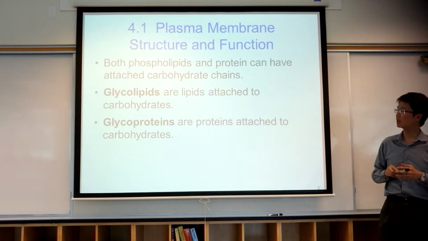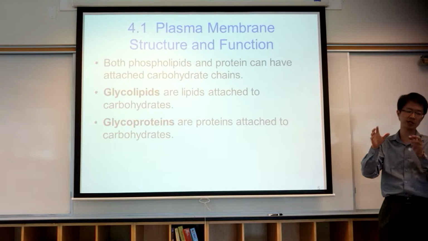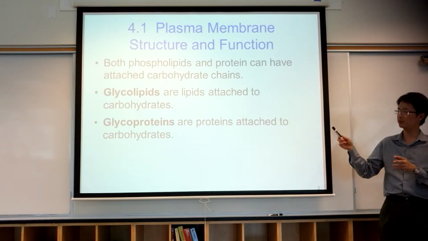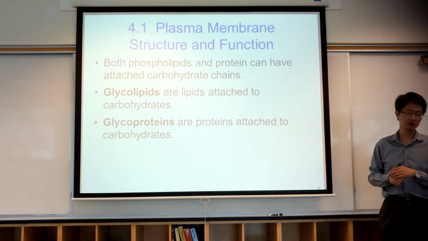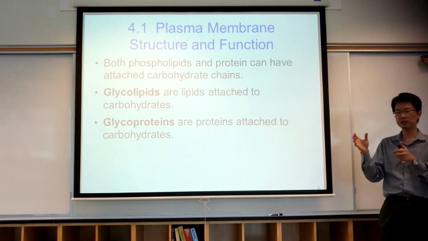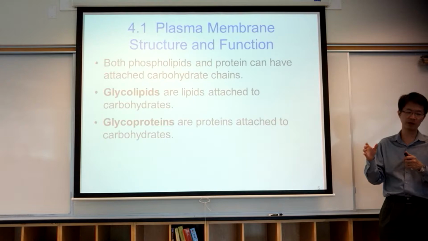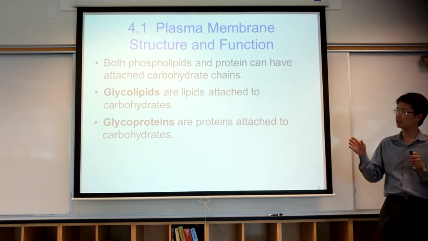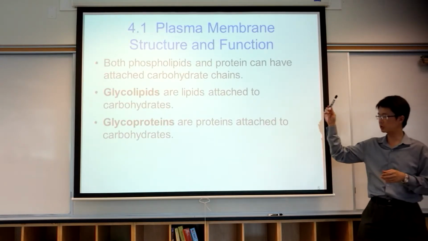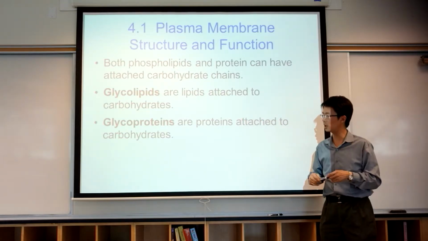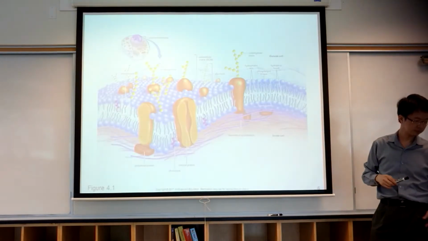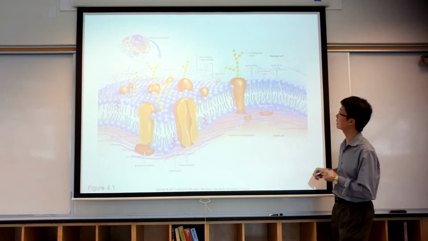What it means is that the carbohydrate chain, that means the sugar chain, can have a lipid or protein branch to it. So the integral or peripheral protein can have a carbohydrate chain attached to it, and the carbohydrate chain can be glycolipids or glycoproteins. So you can see in here, there's a better depiction.